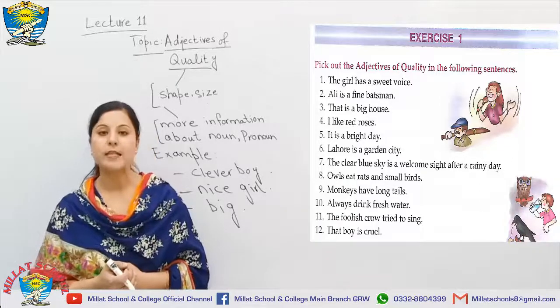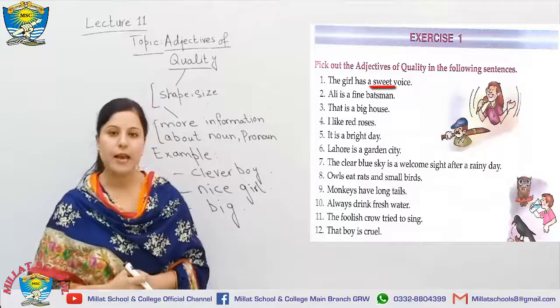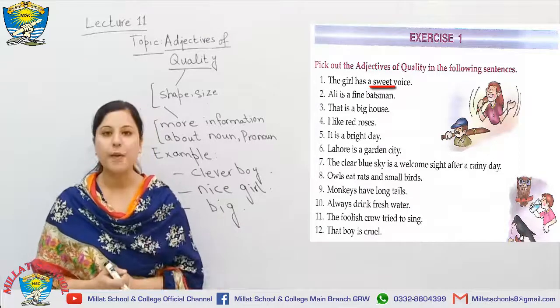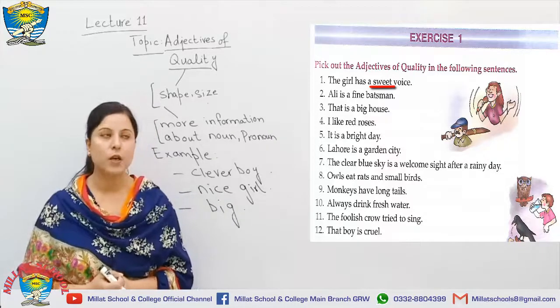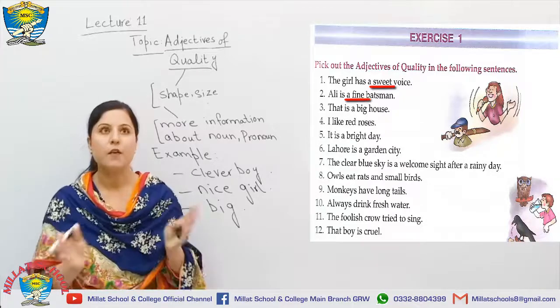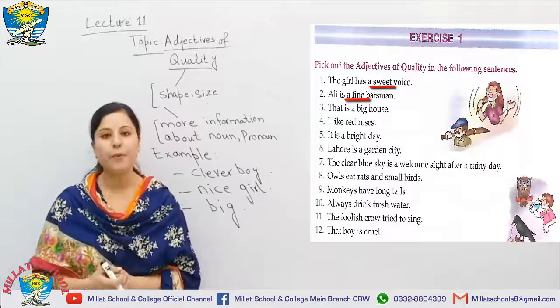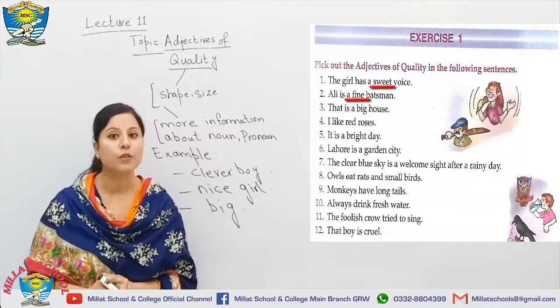The girl has a sweet voice. What is the quality of the voice of the girl? It's sweet. Number 2. Ali is a fine batsman. What is the quality of Ali being batsman? It's fine. Number 3. That is a big house.